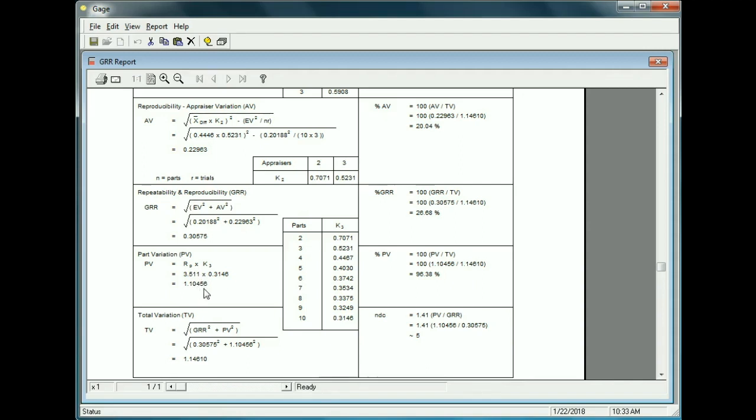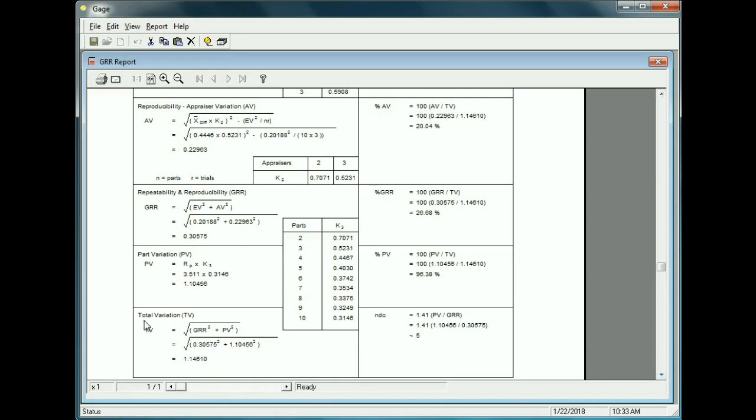So that's one standard deviation due to the parts, the variation associated with parts. The total variation would be the Gage R&R standard deviation combined with the part-to-part variation. When you plug all that in and work out the arithmetic, this is what the total variation is in the overall system.